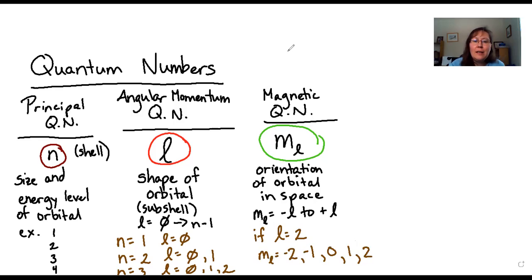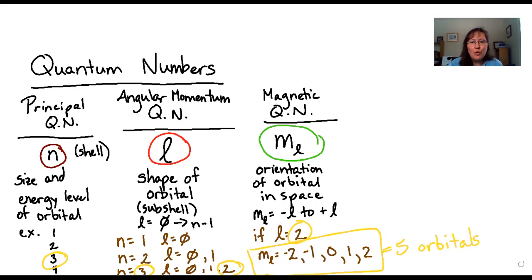And now finally, we've come to where we are. Let's say we're looking at energy level 3, L value 2, and m sub L values here. These are our 5 orbitals.